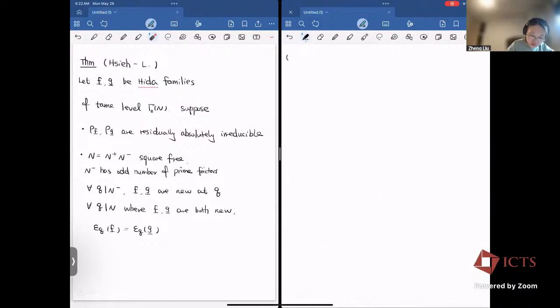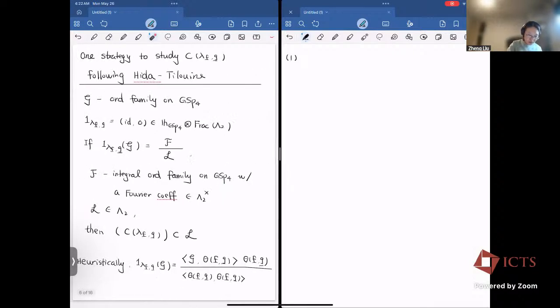So first, if we look here, in order to write this projection in terms of a form in the numerator and another element in Λ² in the denominator, I first need to construct this Yoshida lift as a family of automorphic forms.